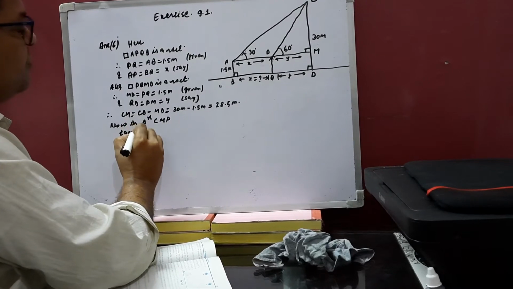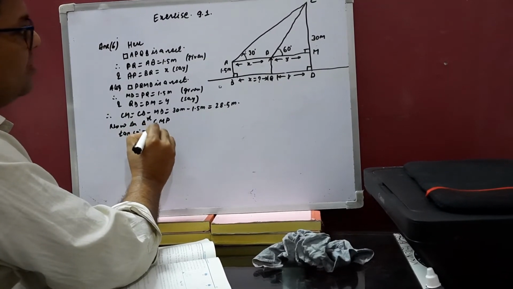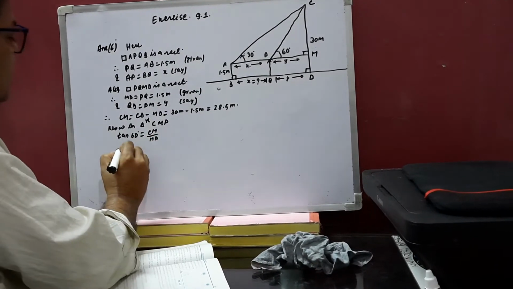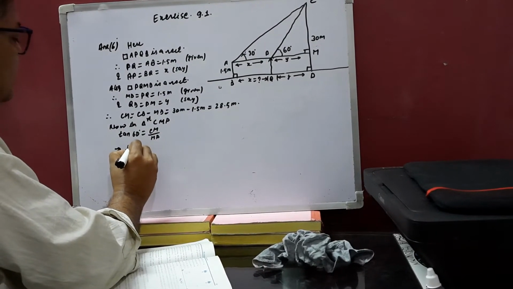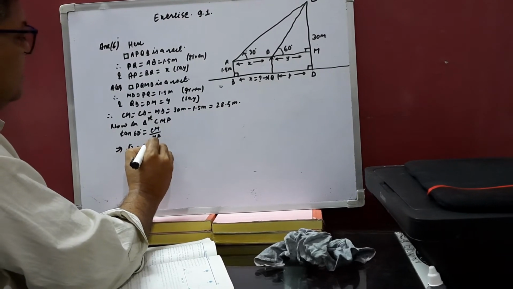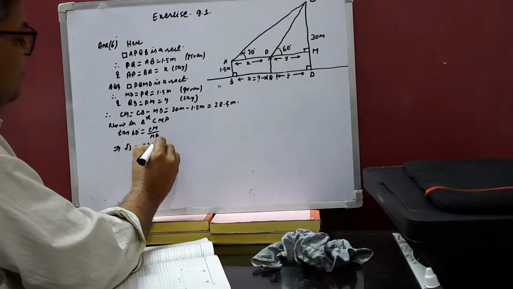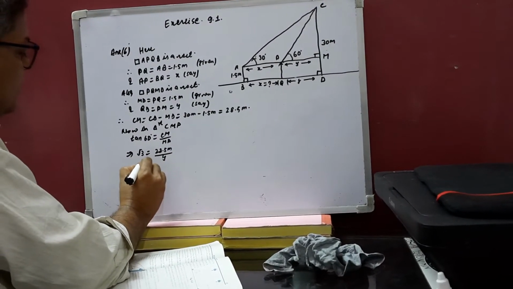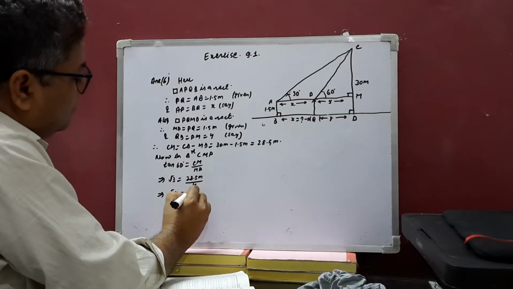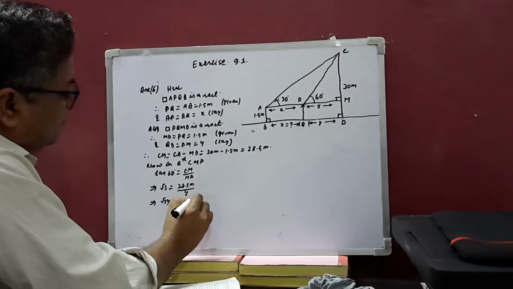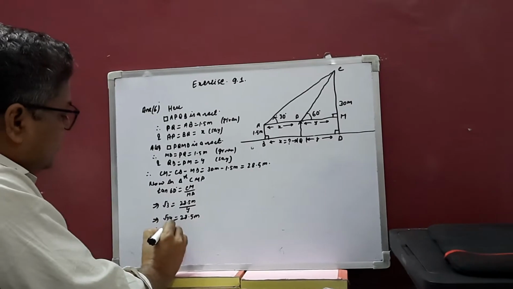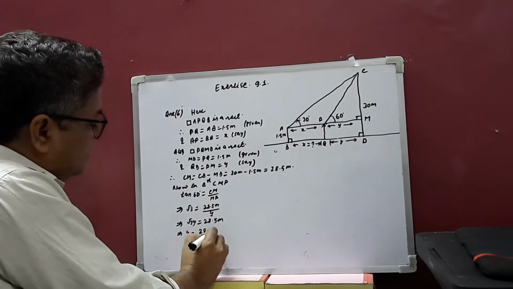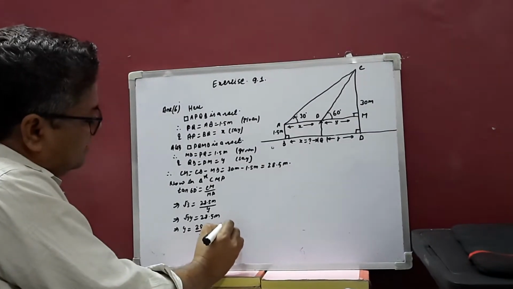Tan 60 degree is equal to CM by MP, and the value of tan 60 is root 3, and this is 28.5 meter and this is Y. So root 3 Y is equal to 28.5 meter, and this is Y is equal to 28.5 by root 3 meter, and this is first.